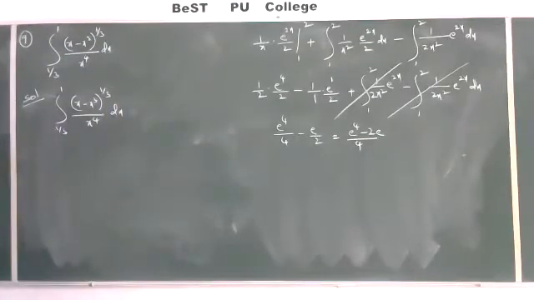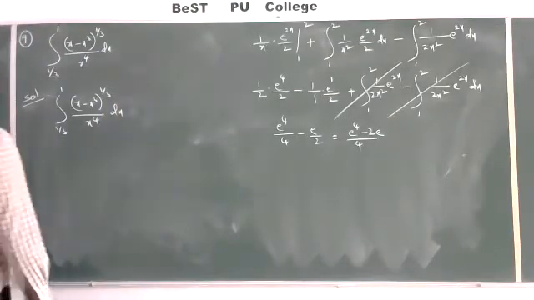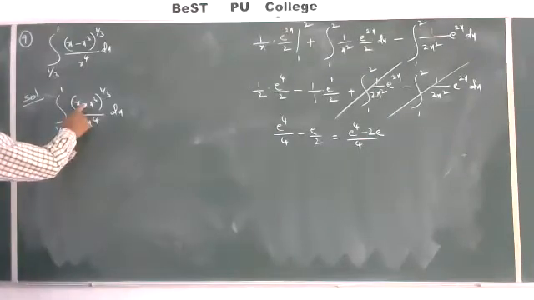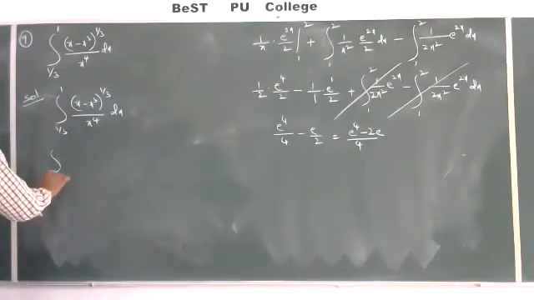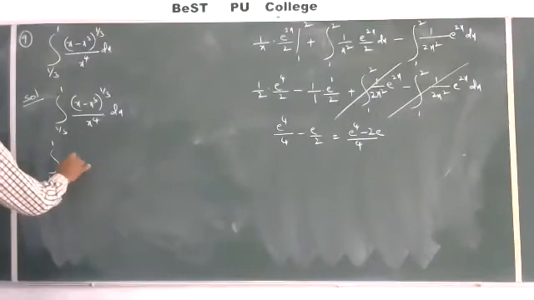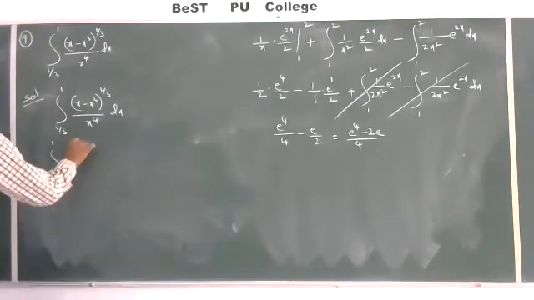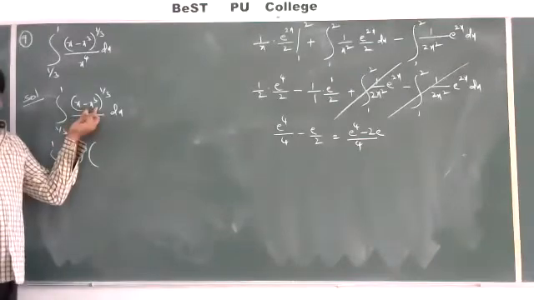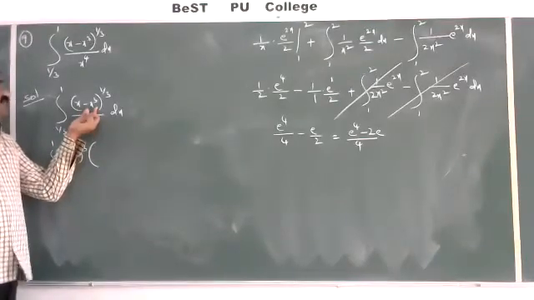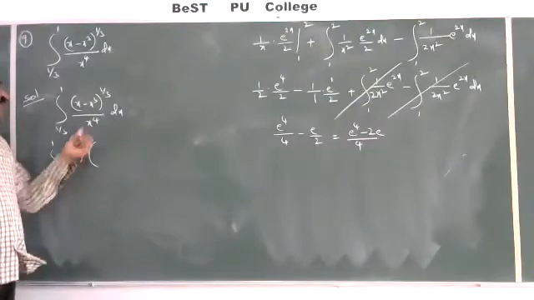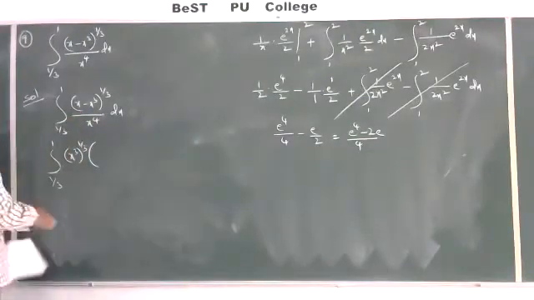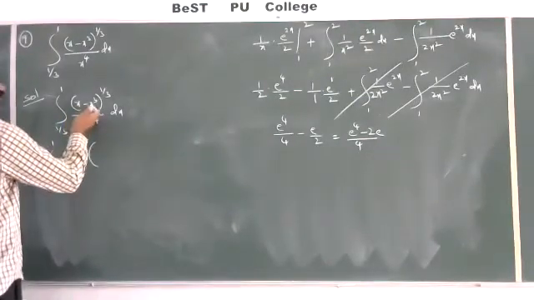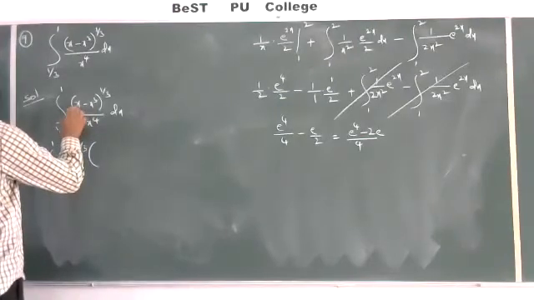So in the numerator, you take x cube common in this bracket. Integral 1 by 3 to 1, x cube whole power 1 by 3. Here x cube is common. In the bracket, x cube common means dividing with x cube.